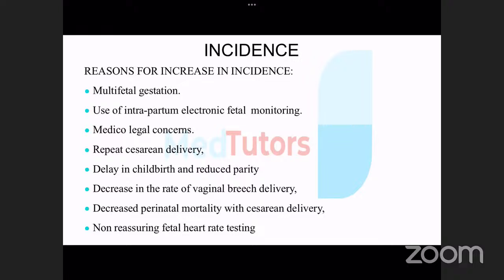Therefore, such a woman is likely going to choose cesarean section for any reason.